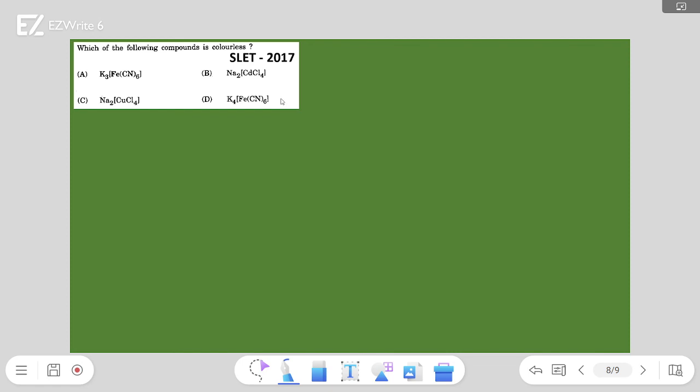Which of the following compounds is colorless? Friends, here is a very easy way to diagnose such a question. It was 2017. Fe, copper, cadmium and Fe. Looking at these metals, Fe, copper and cadmium, if we check their oxidation states, Fe is plus 3, copper is plus 2 and cadmium again is plus 2, along with another Fe plus 2.